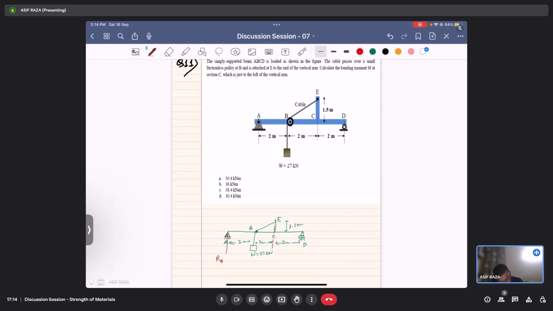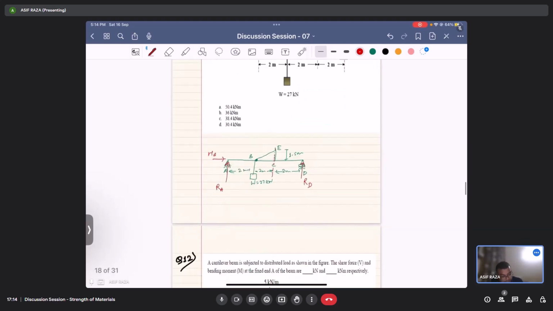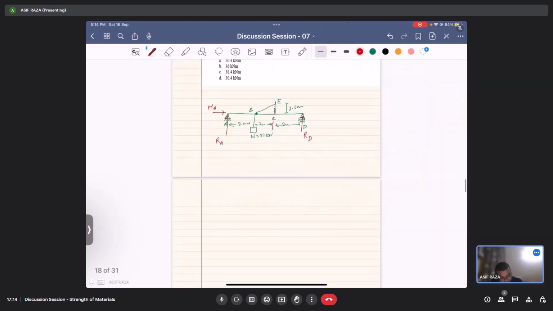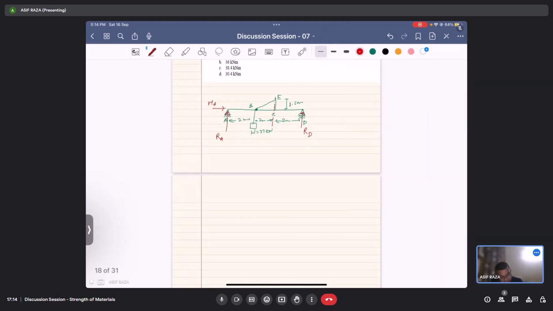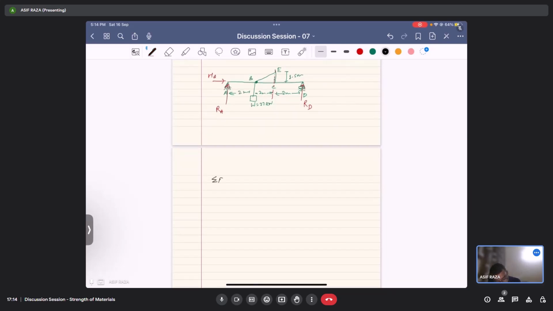So RA, RD, HA. So sigma Fx equal to 0 would give me HA equal to 0. Now think of the complete system as one thing. The reactions are only RA and RD now.